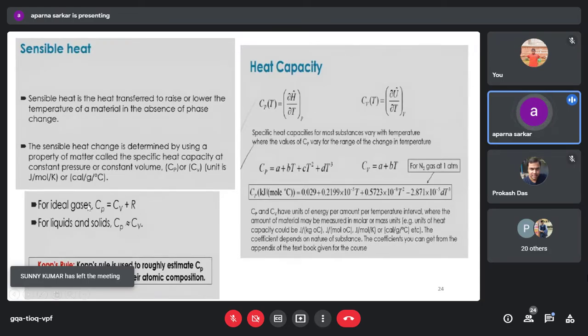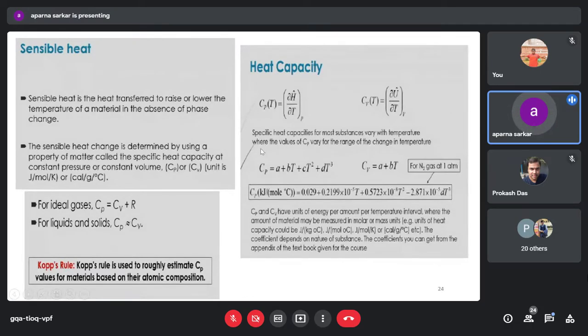That means for ideal gases, the Cp value depends on the universal gas constant. Now there is one rule, Kopp's rule, that helps to determine the Cp value. Kopp's rule is used to roughly estimate Cp values for materials based on their atomic composition.